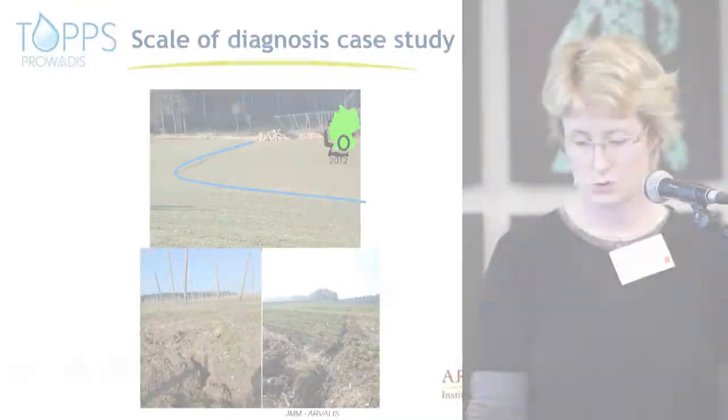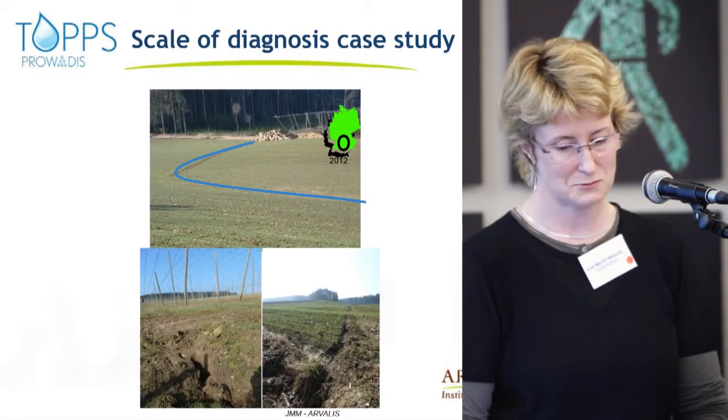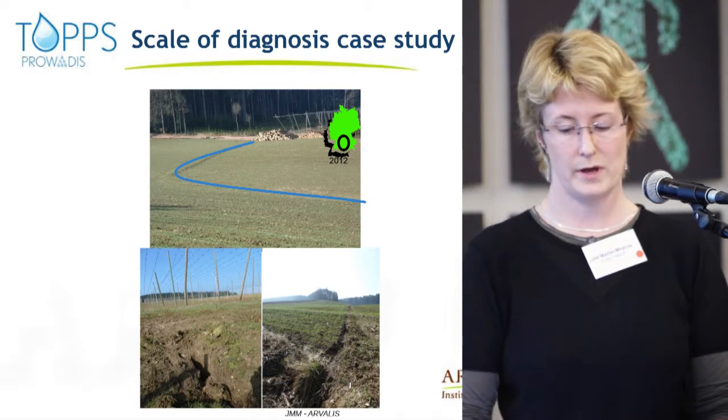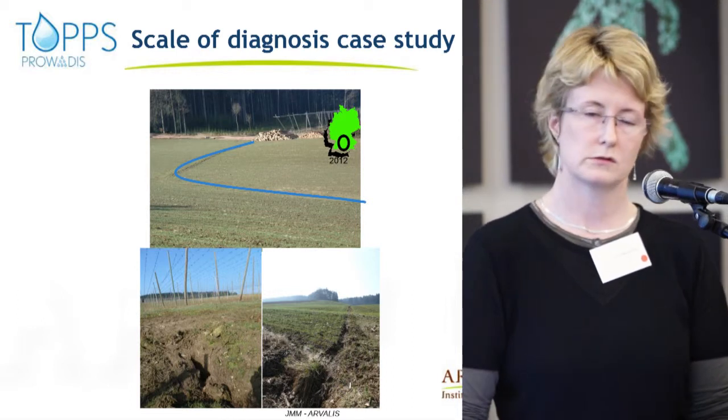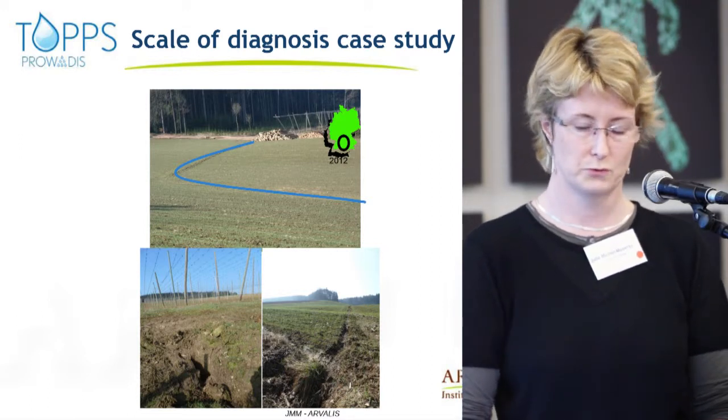As a second example, and as we are speaking about mitigation measures, I want to show you how important it is to have this upscaling phase. So here is an illustration of a field where we can see concentrated runoff in the Thalweg at first view.